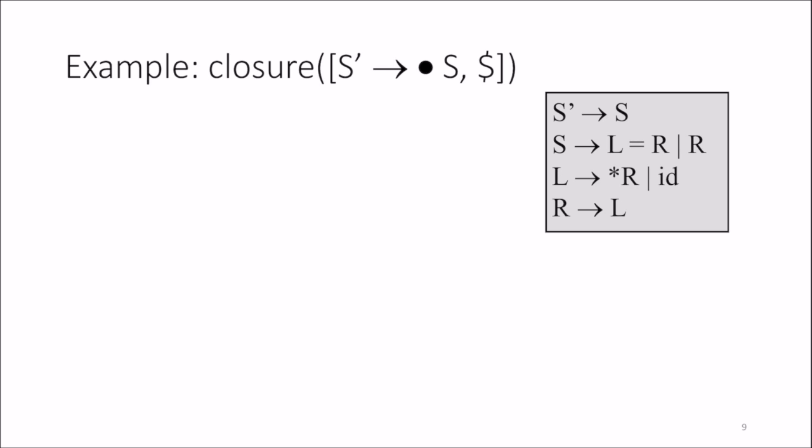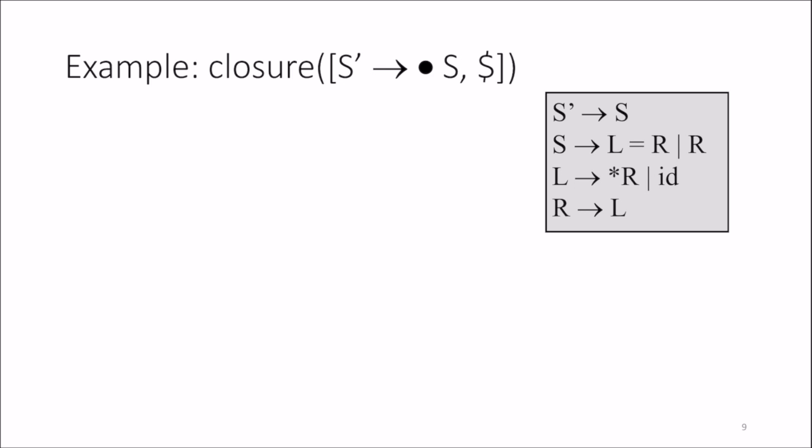Now this is the same grammar we started off with before. We remember that we had tried to do SLR1 parsing for this, and we failed because it was unable to decide when to reduce R goes to L, because follow of R included the equal to, and the shift was on the equal to as well.